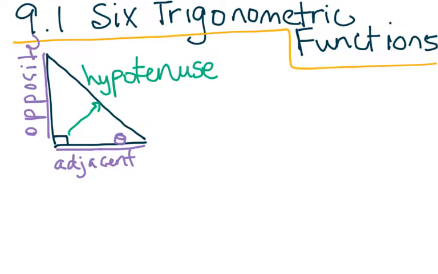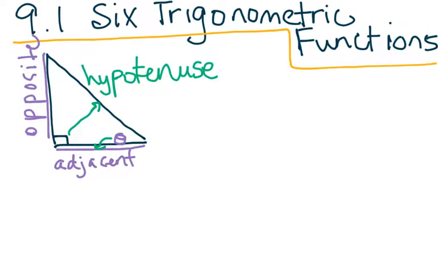So for right now, this is the definition we're using. The hypotenuse is always across from the right angle. The opposite is the side that is totally not attached to the angle, and the adjacent is always the one that's basically attached. So we're going to define 6 different ratios that we can write in this right triangle.